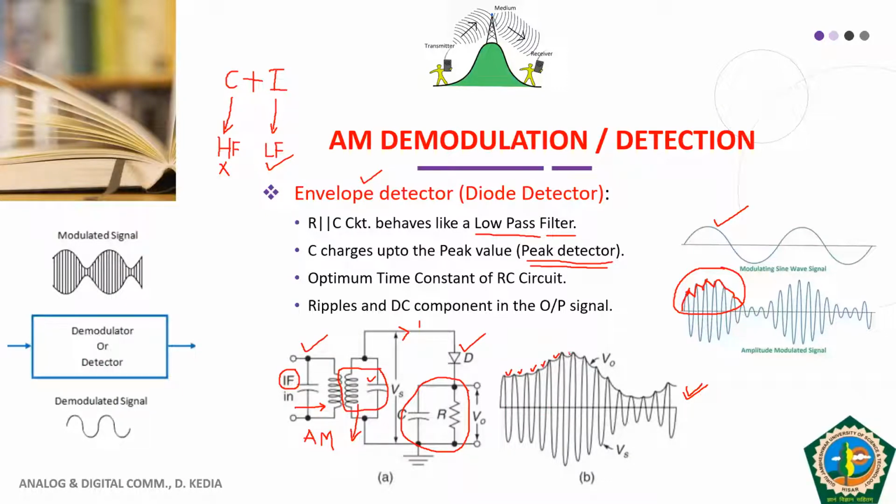Wherever your capacitor tends to discharge, you have a ripple. Ideally your demodulated signal should have been like this, but you get a demodulated signal with ripples like this one.